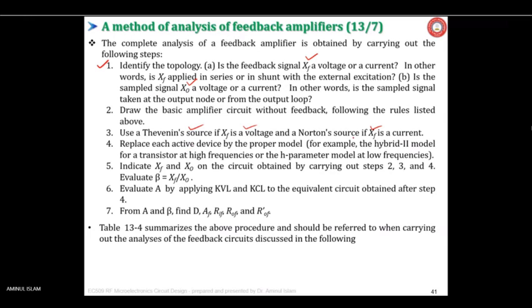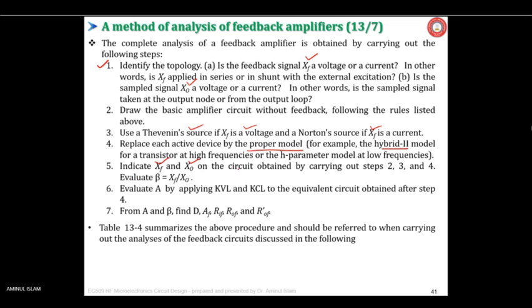Norton's current means the source resistance RS will be in parallel with the source current. In case of Thevenin voltage, the voltage and the resistance will be in series. So replace each active device by a proper model. We have already studied the hybrid or h-parameter model, or another one, the hybrid pi model. Okay, so we have to use that.